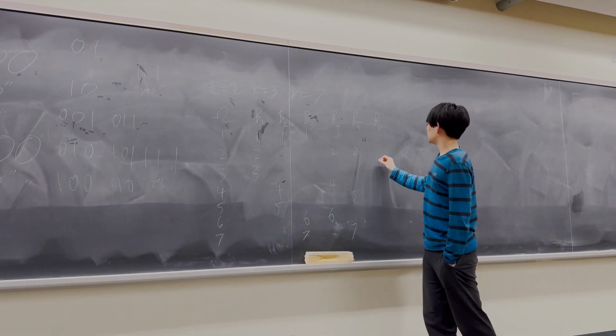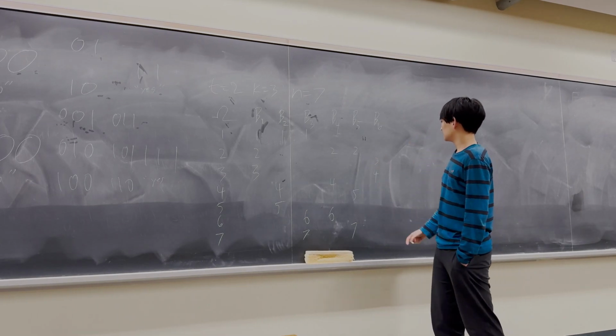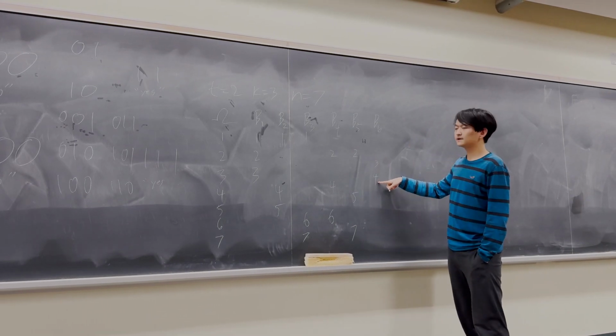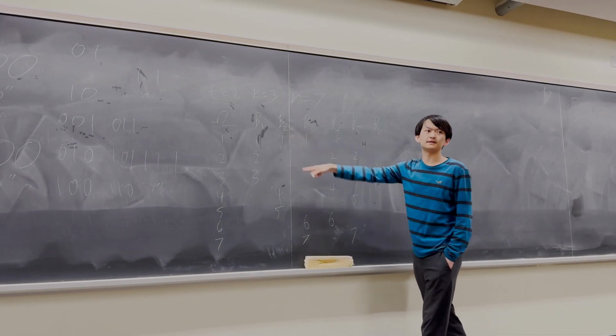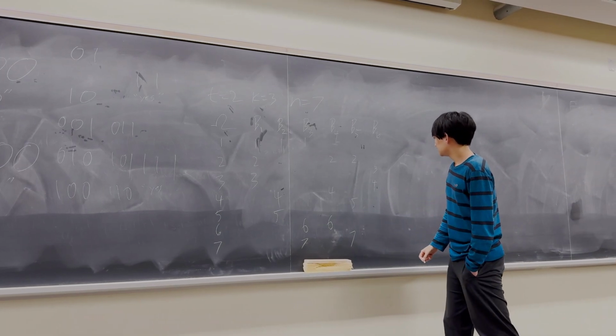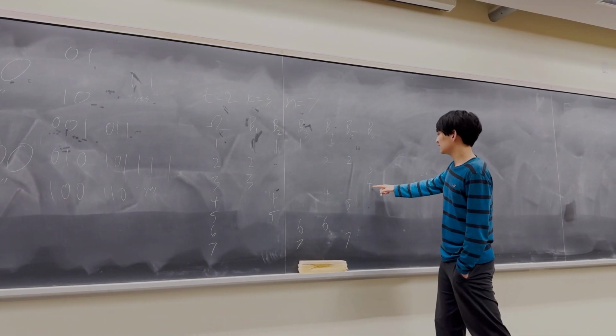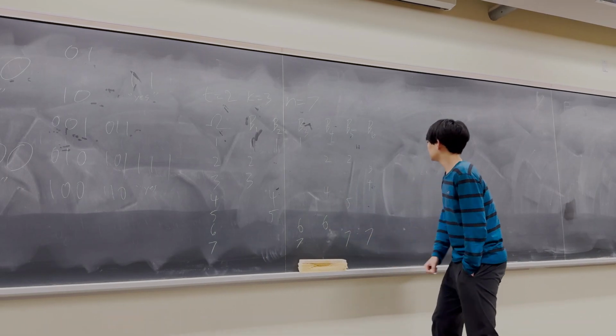For B6, if we consider the pair 3, 4, the third element can't be 5, because 4 and 5 are already contained in a block, so we can't have it contained in another one. And it can't be 6 either, because 4 and 6 are already together, so it's got to be 7.